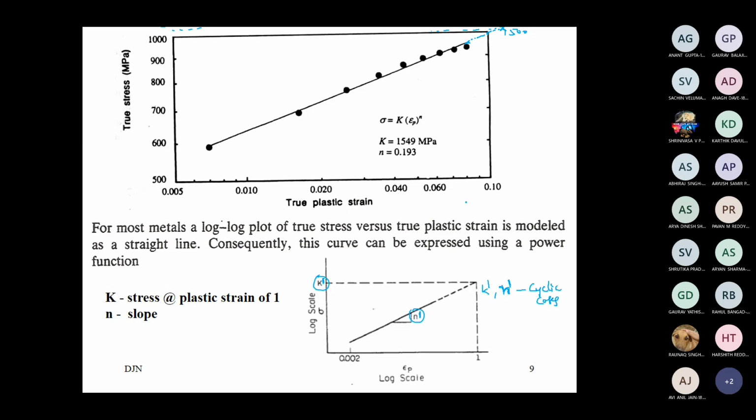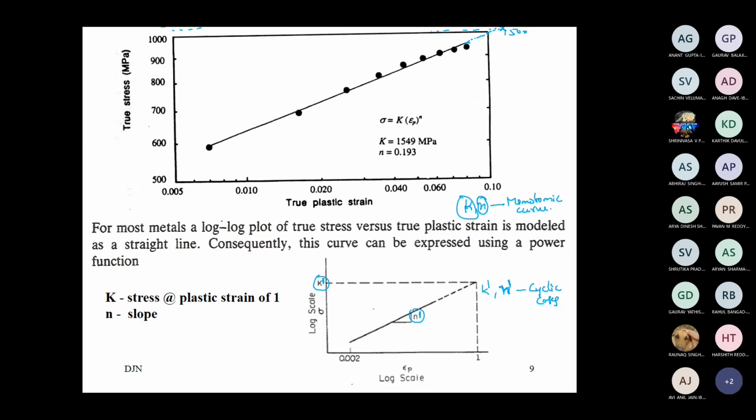If there is no dash, we write K and N, then it is for the monotonic curve, that is the simple strength of materials lab tension test. If you obtain these material properties, the strength coefficient K and the slope of the curve N, from that test, then we simply represent them as K and N.